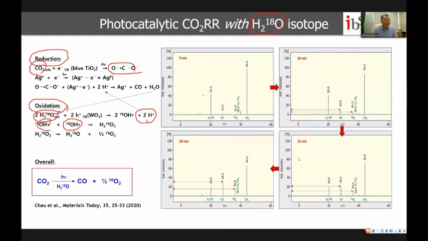Okay, so if you look here, starting here, 20 is the isotope water, and this one is the CO2. As time goes by, 10 minutes, 20 minutes, the mass 28 increases, which means that this one is 12C 18O at 30, and this one is 12C 16O at 28, isn't it?